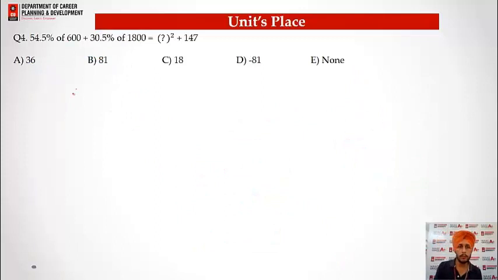So let's move to another question of units place. Here we have a percentage sign, a decimal sign and a square. So it will increase our difficulty level, but with the help of our topic units place, we can solve this question in a few seconds.